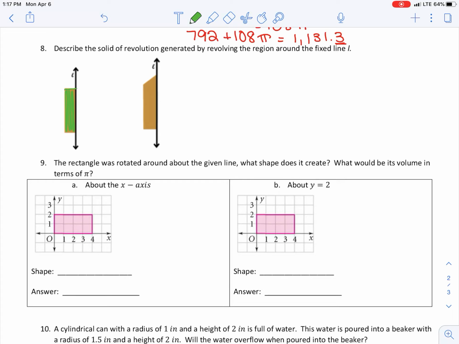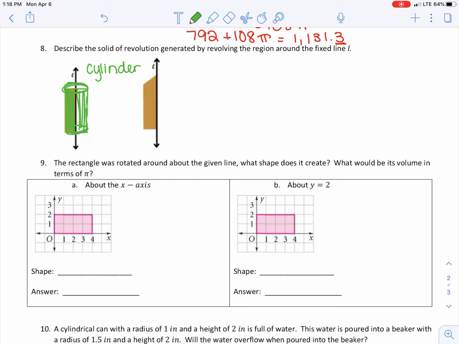If I start turning it over here, if I were to flip it, it's going to be like this. But if I'm turning it all the way around, I'm going to create that circle. So this is actually going to be a cylinder. And I understand that's hard to see, and I'm sorry guys, but hopefully if we get back to school before the end of the year, then we'll be able to show you that in person.